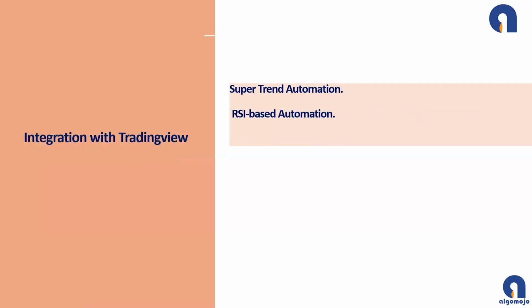Integration with TradingView, we just saw some examples of Supertrend, how to do it, and how to do an RSI based one. Then somebody wanted SMC based, Spartan SMC. We saw that also. And if it is trend line, you can do that, or price based also.